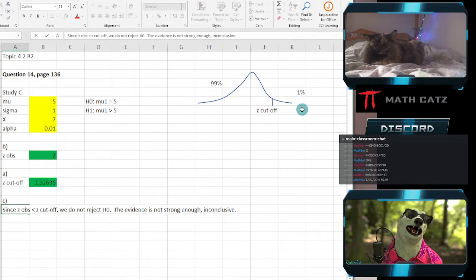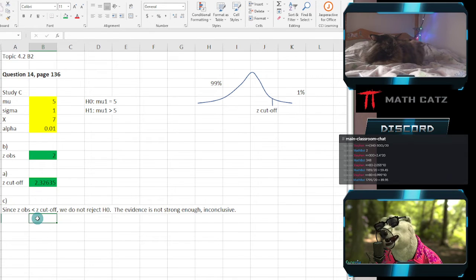But it's much more likely that this is happening because the true distribution has a mean further to the right, and those numbers are therefore more common, those scores. So that is sort of the idea behind our hypothesis testing and how comparing the observed and the cutoff scores are used. All right, well, we have one more.